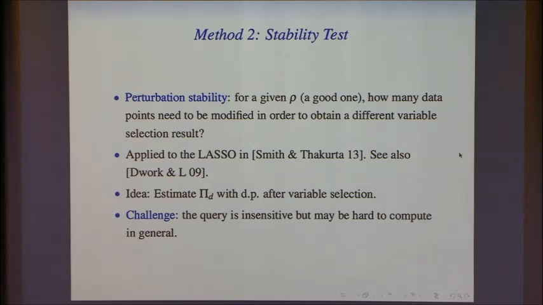I just ask how many points I need to move in my data set to obtain a different variable selection result. If that answer is large enough, then I proceed with the variable selection. So I'm working on a much smaller problem. Then things should be much easier there.